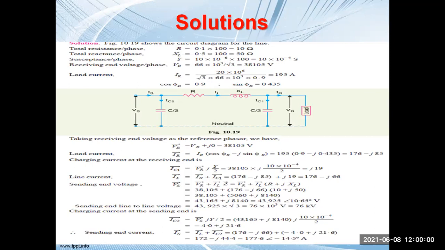So VS is okay. $76.07. Sending end voltage.